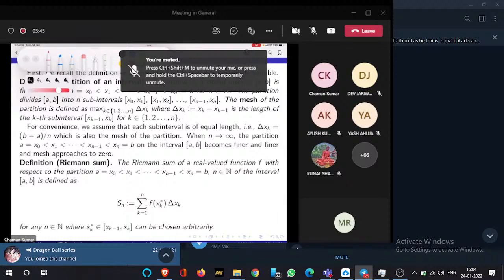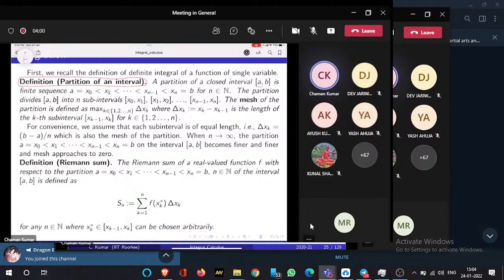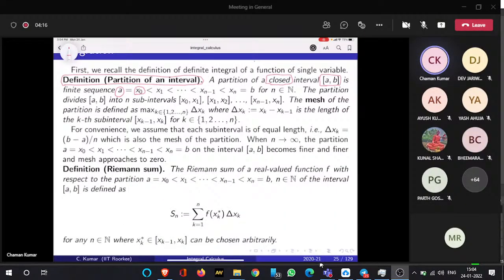So let A and B be an interval, and let us assume that this is a closed interval. Then partition of the interval means that you look for the points x naught, which is A, x1, and so on to xn minus 1, and xn is equal to B, in such a way that x naught is less than x1, x1 is less than x2, and so on, xn minus 1 is less than xn.